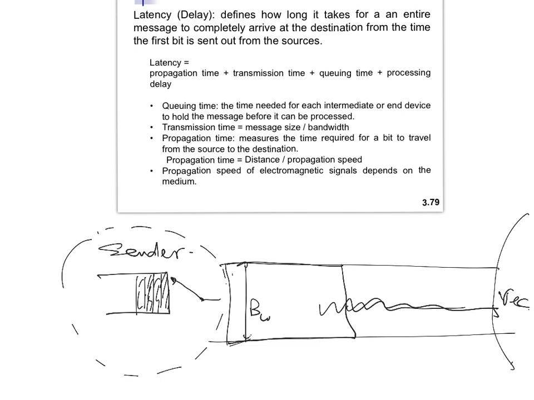These bits will have to be inserted in the queue, and then the node will have to read them from the queue. Okay? So in that case, we can talk about these components of delay. The wait time inside that queue is what we call the queuing delay.